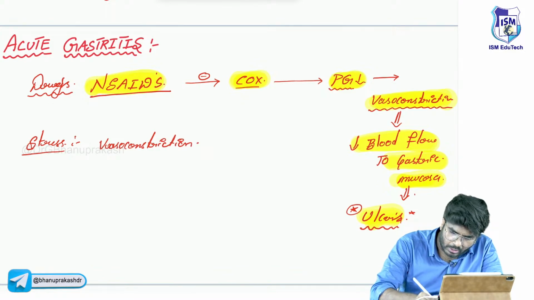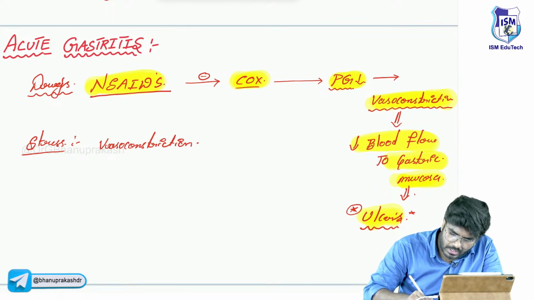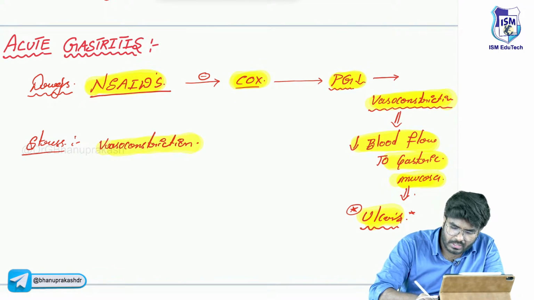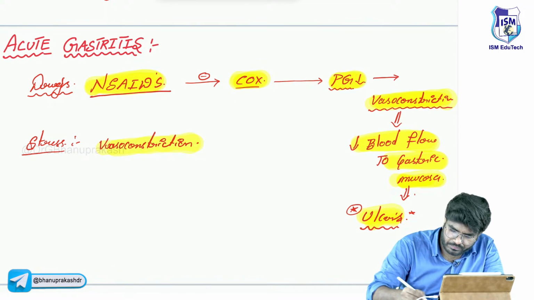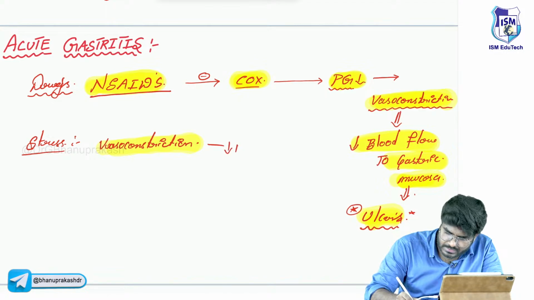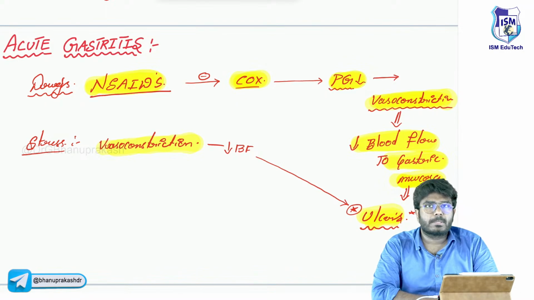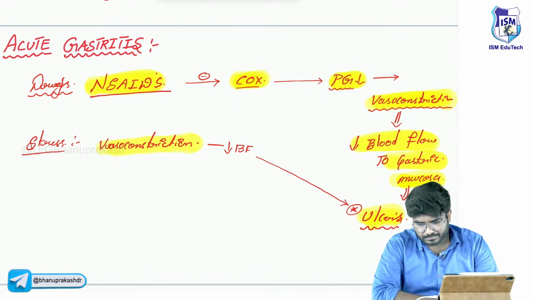I'm not going into detail on how stress causes vasoconstriction, but stress will also cause it, so that it's going to cause decreased blood flow to the gastric mucosa, and that will lead to ulcers. So remember this one point.